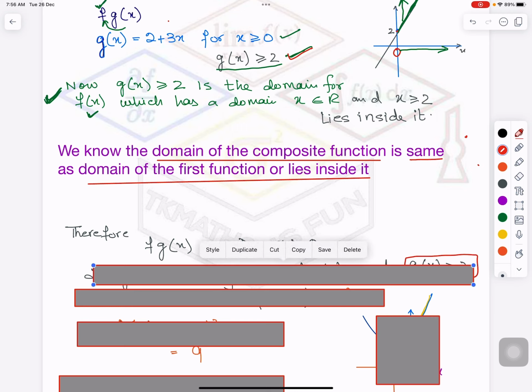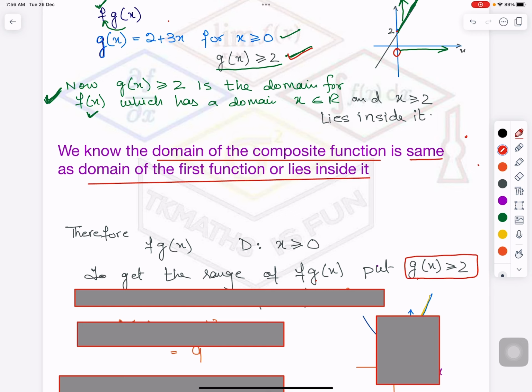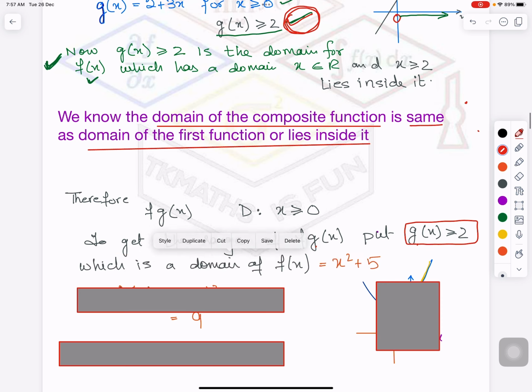Now we have to find out the range. To get the range of the composite function, we will put g of x greater than equals to 2, which we have found here in part 1, right? So now I will substitute this domain in the outer function, which is f of x, a quadratic function, x squared plus 5.